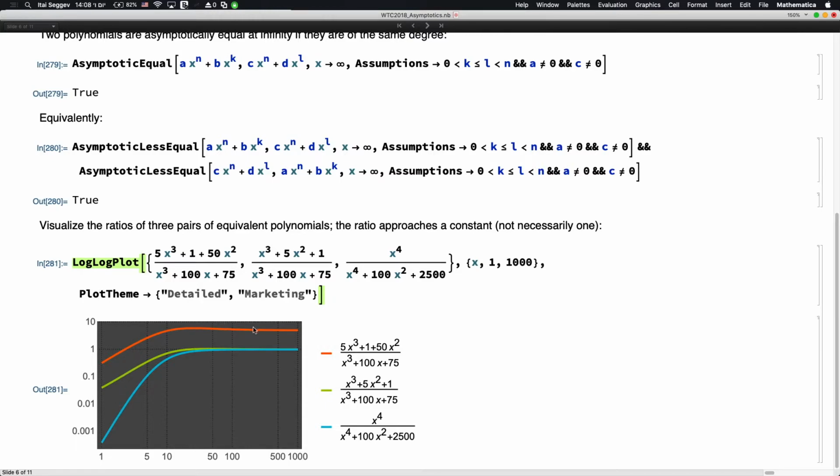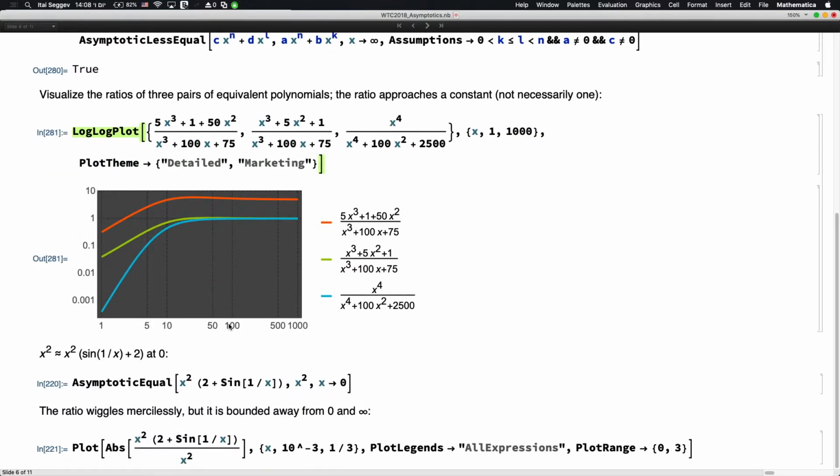And I'm going to assume that k and l are smaller than n. And you know that a and c are not 0, so n really is the highest order, and they're asymptotically equal. Here I'm using the alternative definition where I'm saying each one is asymptotically less than or equal to the other one.